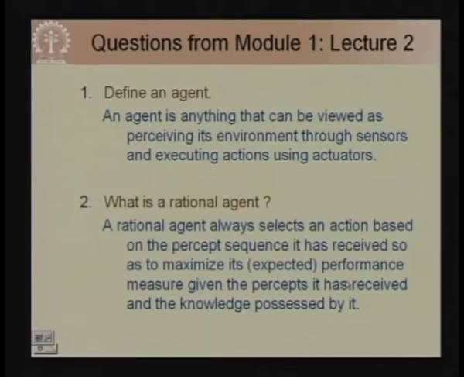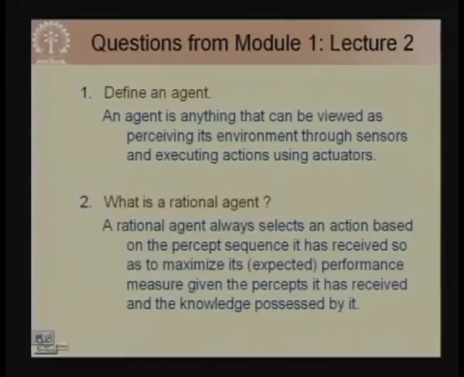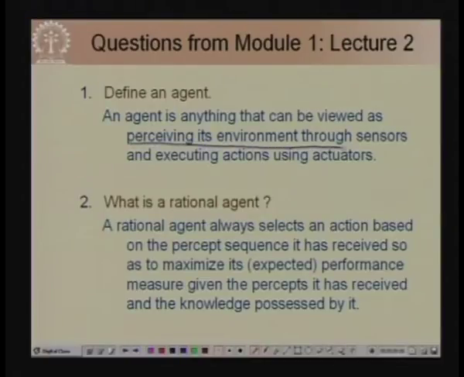The first question was, define an agent. The answer is straightforward. An agent is anything that can be viewed as perceiving its environment through sensors and executing actions using actuators. The second question was, what is a rational agent?